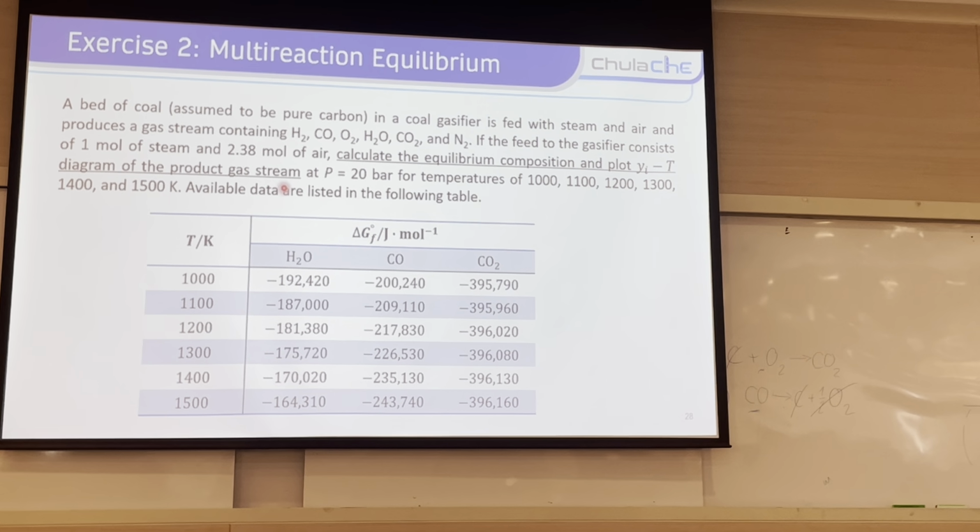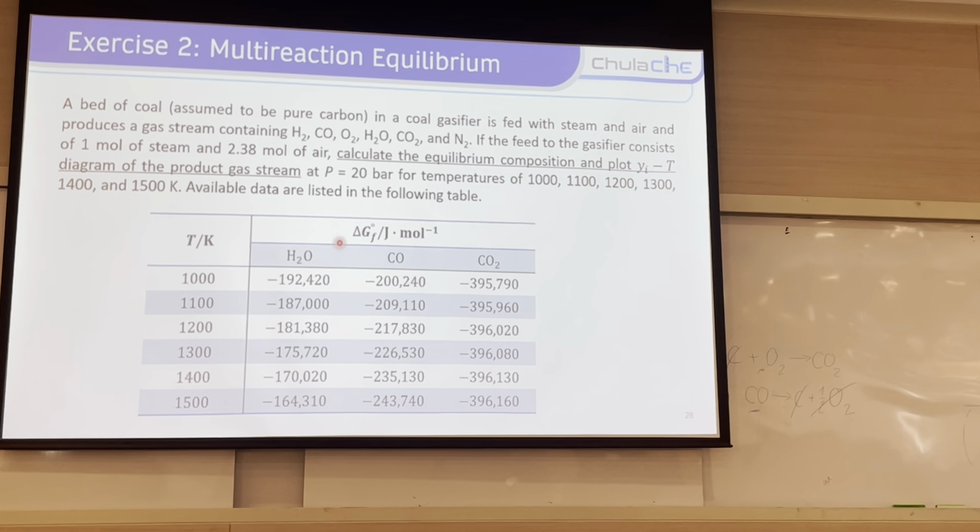The reaction occurs at 20 bar, and they want to know how the composition changes with temperature from 1000 to 1500 Kelvin.